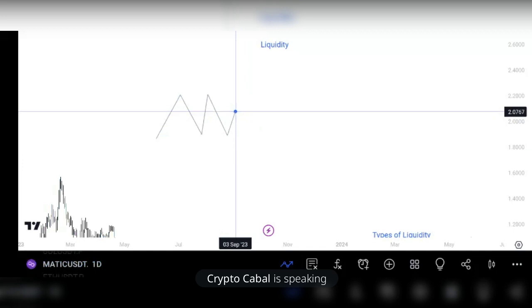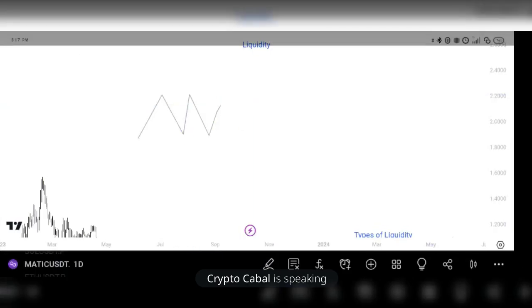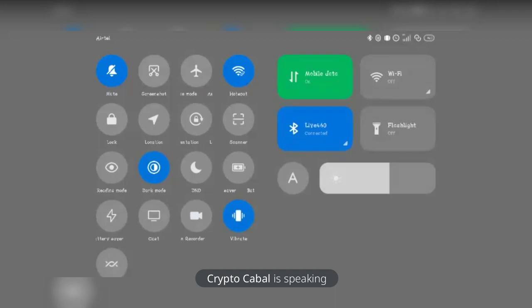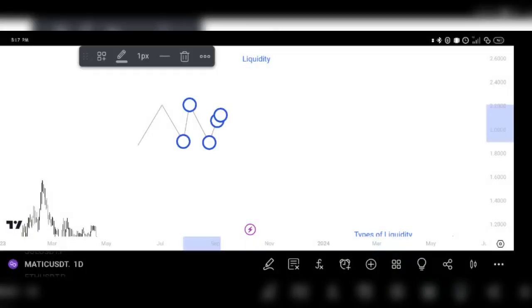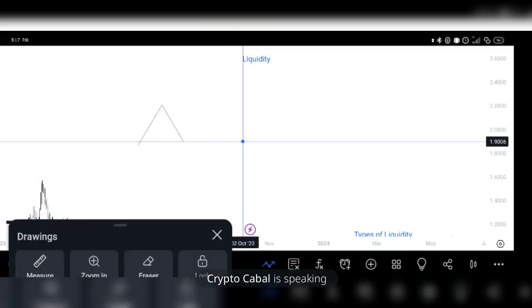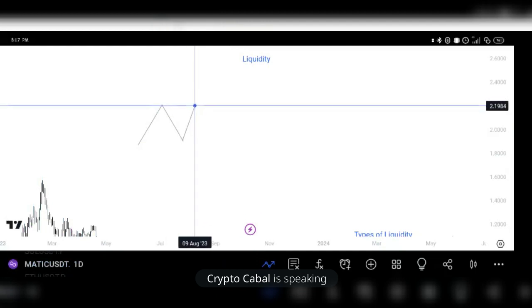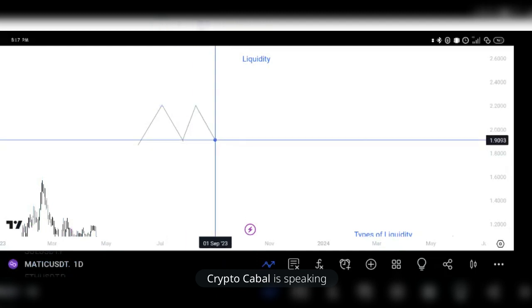Now, when we have something of this nature, we can identify this. So when we are talking about the double top type of liquidity, we have something like this. Yeah, this is what a double top is.